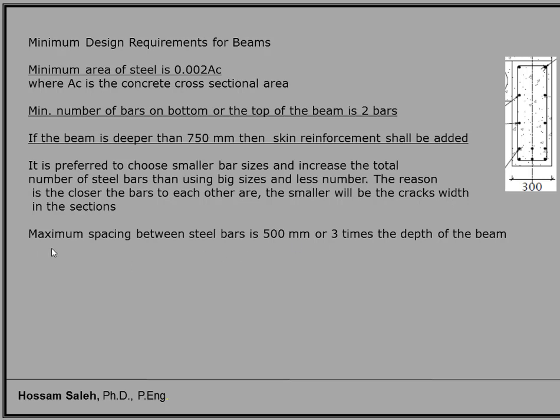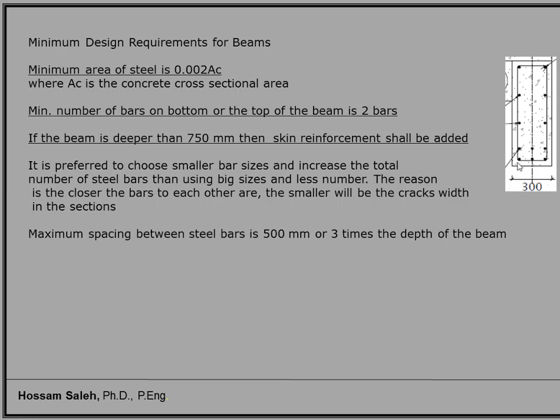The other thing is the maximum spacing between the steel bars is 500 millimeters or 3 times the depth of the beam. So the spacing between these two bars should be less than 500, or less than 3 times the beam depth. That's very important.